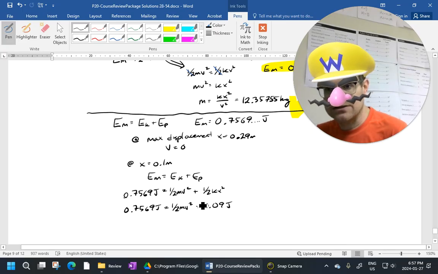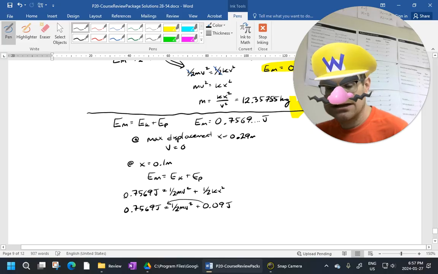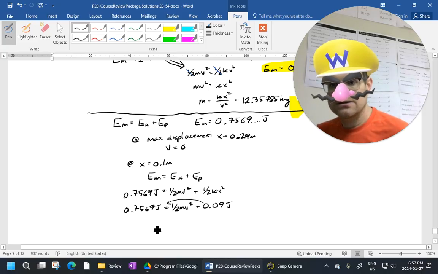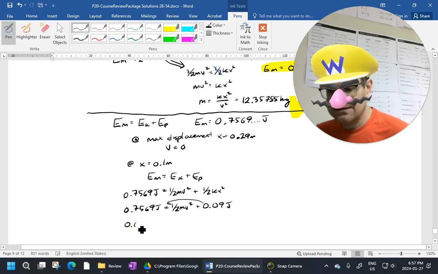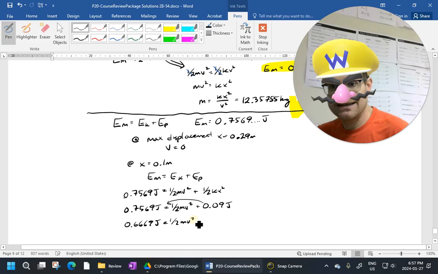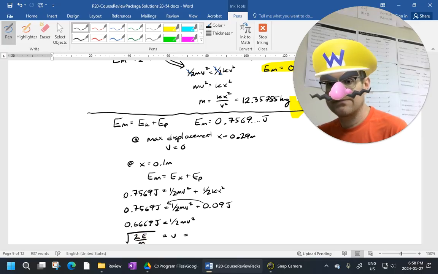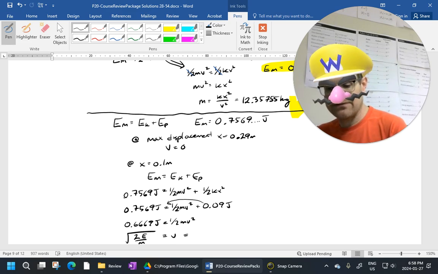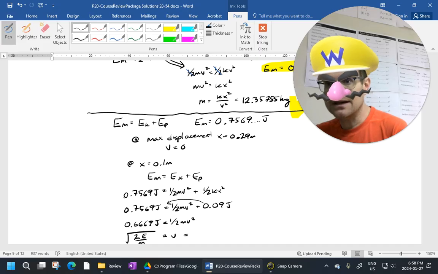So I'm going to minus this over. And I'm going to go minus this answer. So I got 0.6669 joules of energy inside my kinetic energy, and then I can rearrange this to solve for V. Times it by 2, get rid of the half, divide by the mass, which we found at the top there.